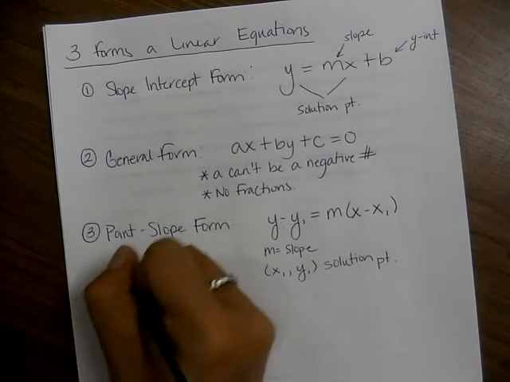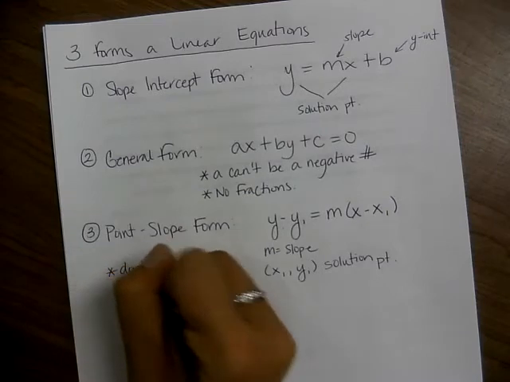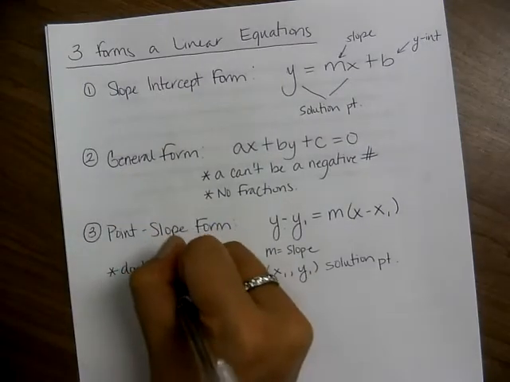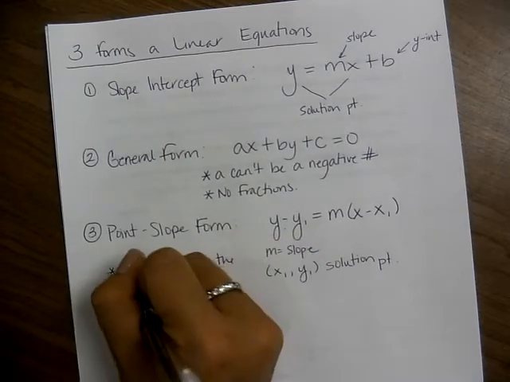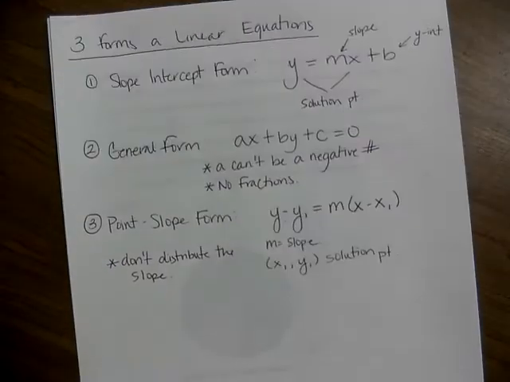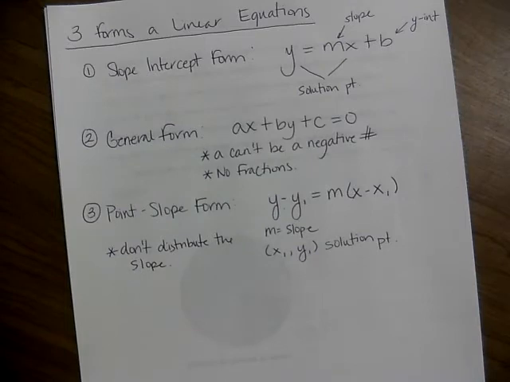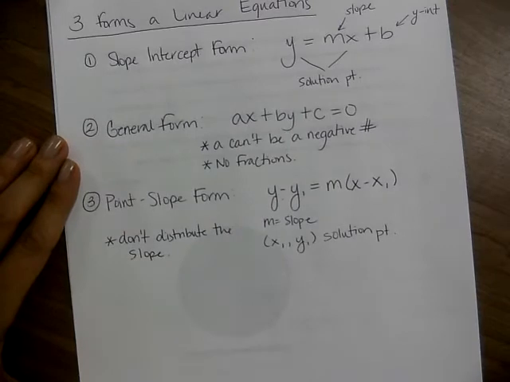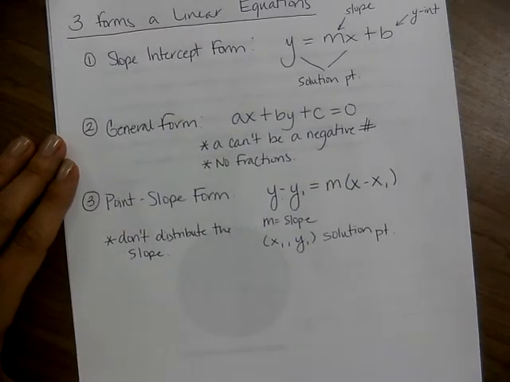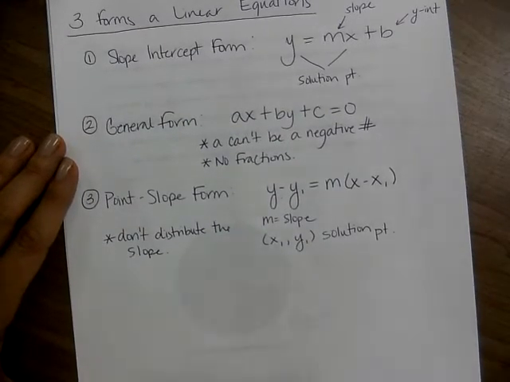Also, make yourself a note: don't distribute the slope. We leave it factored out, that way we can actually recognize it. Okay? So we're going to do an example where we're given an equation or some information, and we're going to manipulate it so we can put it in all three of these forms.